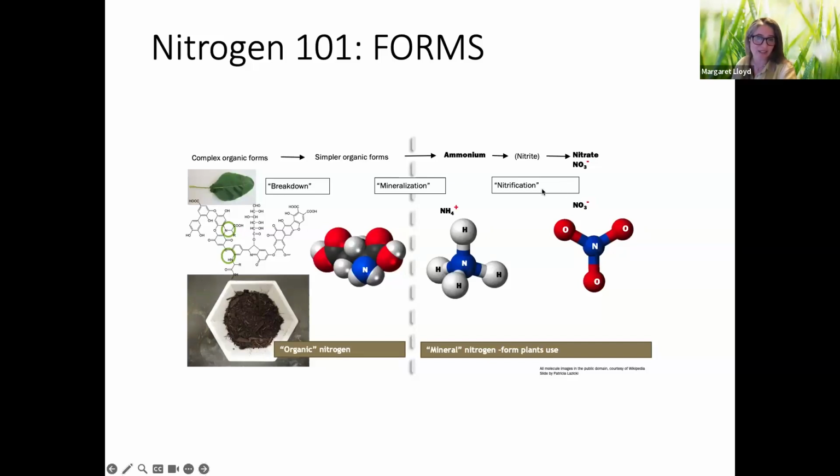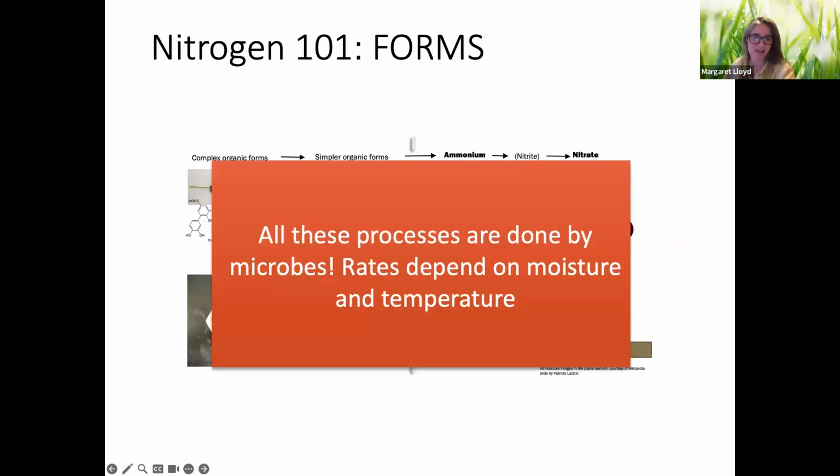And in this process of breakdown called mineralization, they're transformed into plant available forms. And this process is microbially driven. And so it's very sensitive to moisture and temperature changes.